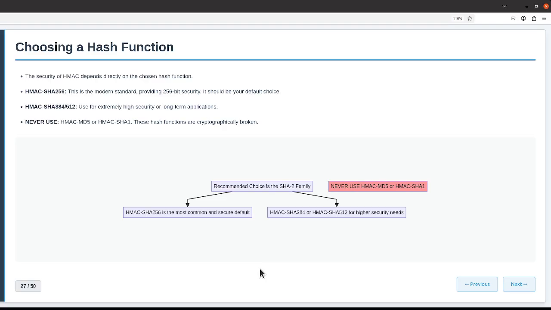It provides a 256-bit security level, which is more than enough for the vast majority of applications and is expected to be secure for many decades. For extremely high security or long-term archival purposes, HMAC SHA-384 or HMAC SHA-512 can also be used. You must never use older, broken hash functions like MD5 or SHA-1.